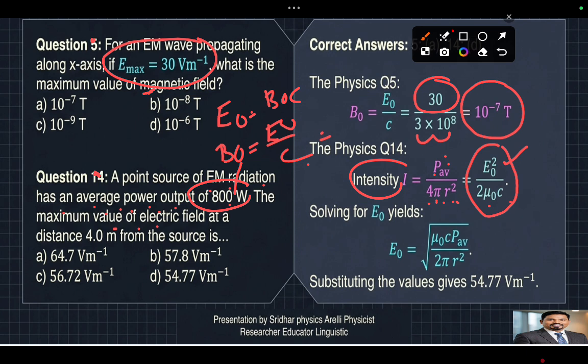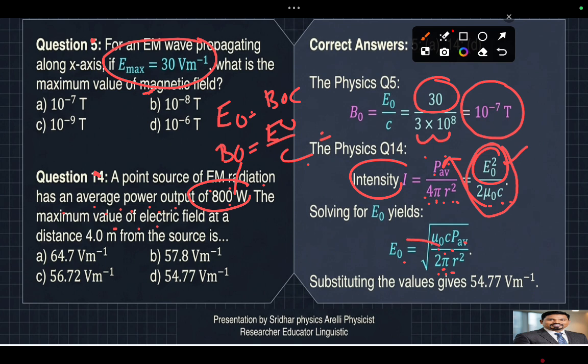Now placing the required data, cross multiplication gives P average into 2 mu naught c by 4 pi r square. 2 by 4 cancel, then you will get 1 by 2. That is, E naught equal to under root of mu naught c P average by 2 pi r square.